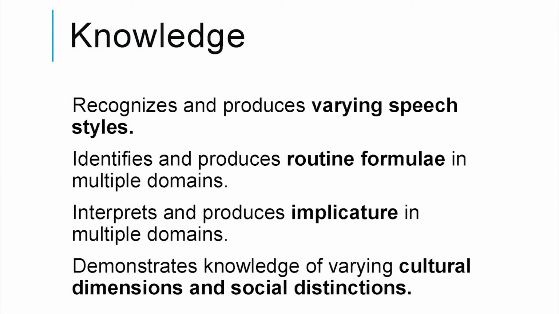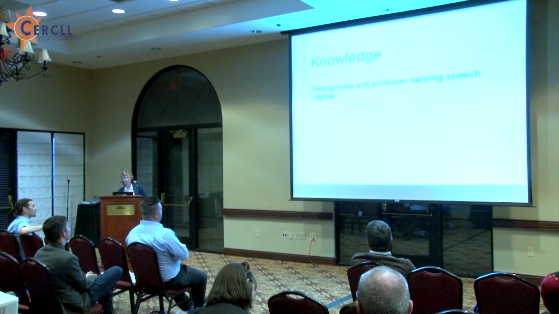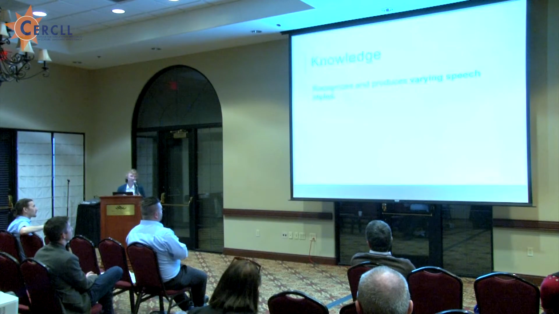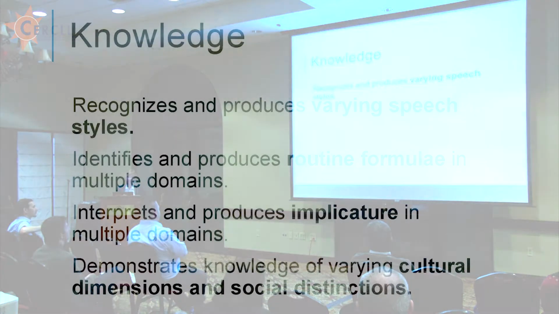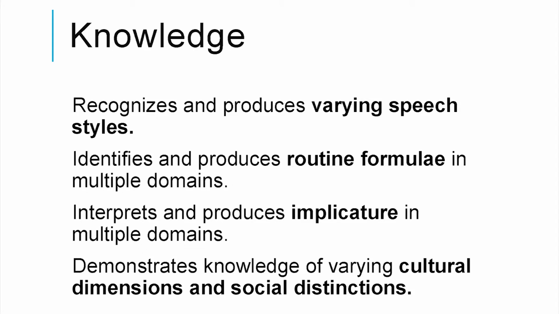Okay, so when we're trying to assess the learner's knowledge, what we're trying to see is that the learner recognizes and produces varying speech styles. In a very simple way, formal versus informal speech would be, depending on the language, one of those kinds of things.